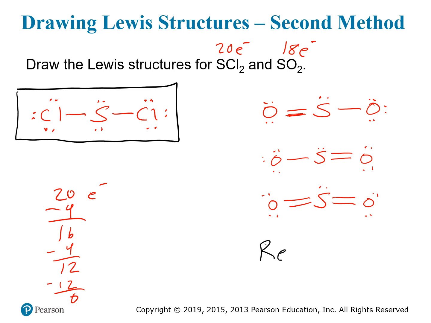Resonance is not something that we're really going to study too much in this class, but it is good to know that when you're drawing Lewis diagrams, there are sometimes multiple ways that you can draw an accurate Lewis diagram. And if that's the case, then often those different ways will be resonance structures. They'll both contribute to the true structure of the molecule. Remember, we're just drawing little lines and dots on pieces of paper, so there's no reason that we should really be able to represent all of the properties of a molecule with such a simple notation.